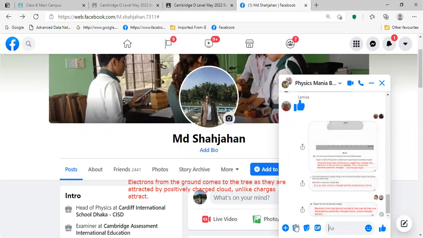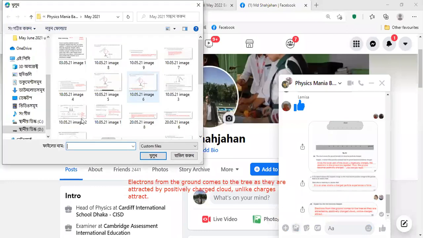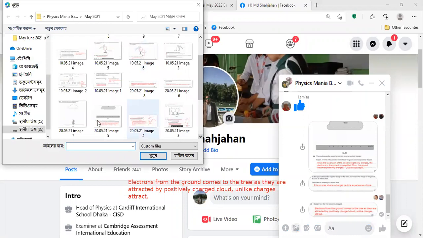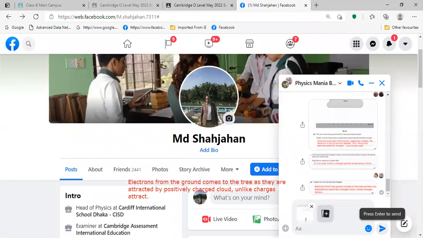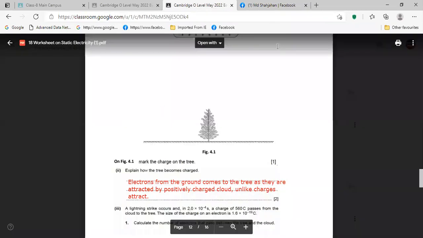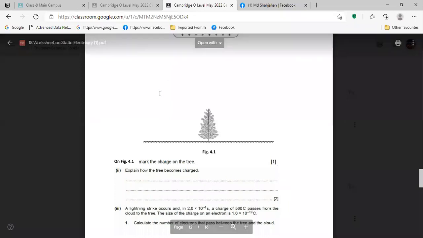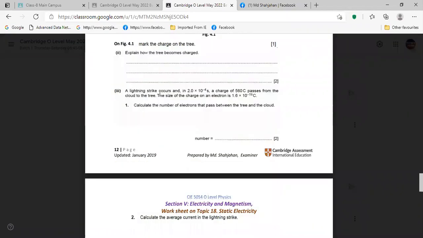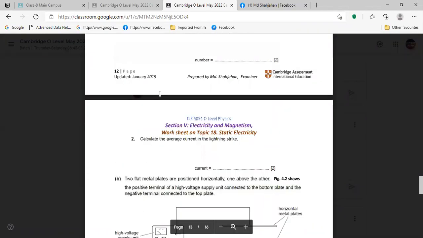Oh, the previous one I did not give, right? The previous one I have to also give, image 7. Okay, so there is a big question.